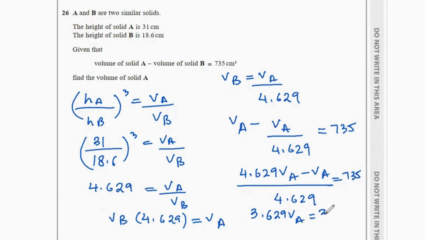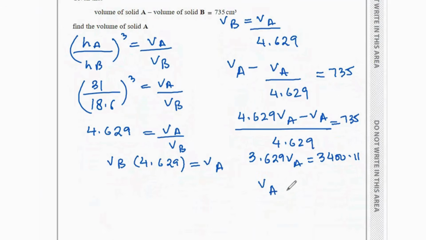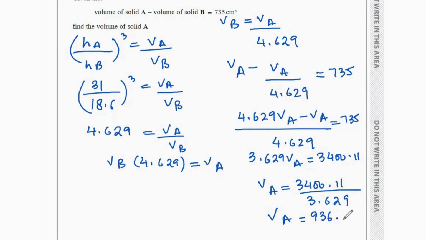That's 3400.11. The volume of A is going to be 3400.11 over 3.629, and that equals 936.9 centimeter cube. That is the answer for the volume of solid A.